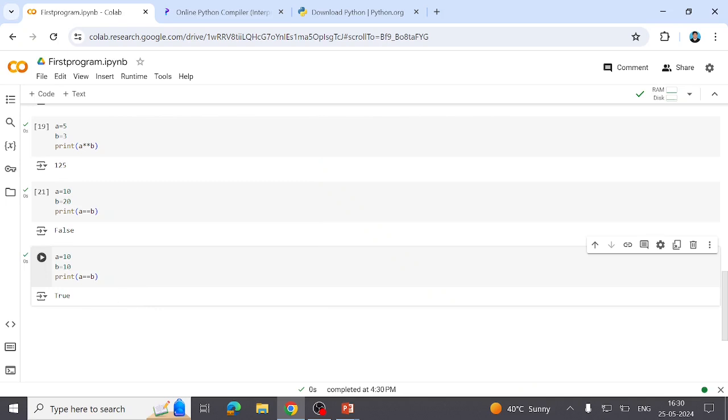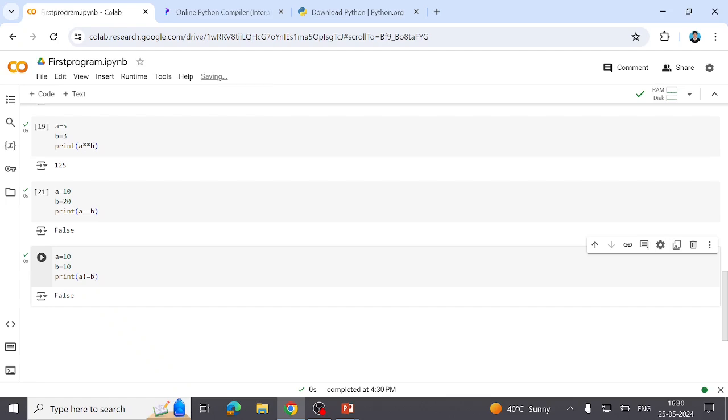But if I say a is not equal to b, then the value is false because a is equal to b. In some practical situations, we also need to check the negation of equal to. It means the not equal to operator.